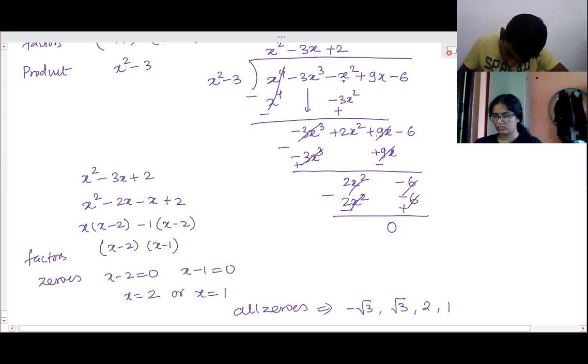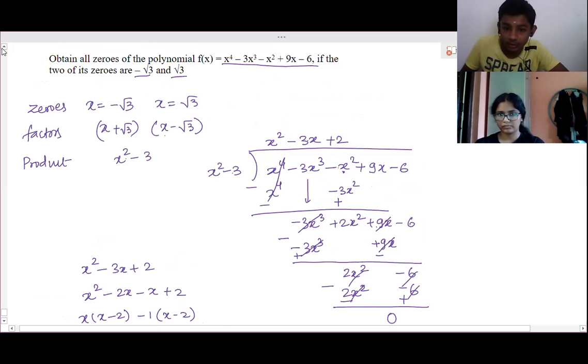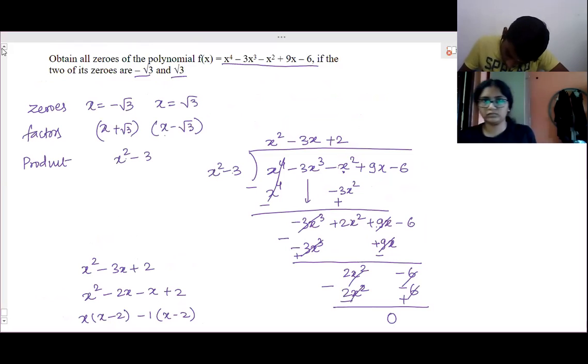Clear? Yes, ma'am. The method is exactly the same as you have done for rational numbers. Ma'am, I have seen that in all the questions after this, they have given the irrational zeros as minus root 3 and root 3. They have not given minus root 3 and root 5. No, they're the same only. Yeah.